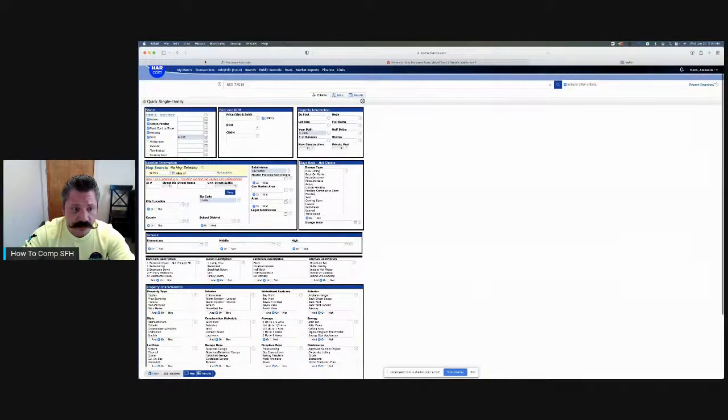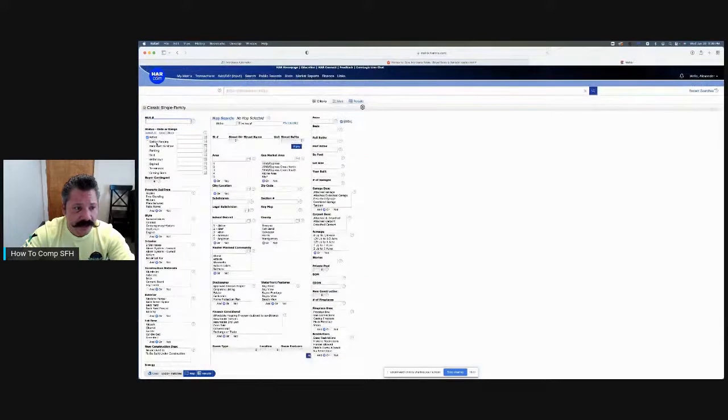Private pool, search, classic. I don't know why I did quick. I like classic. That's what I learned on. A lot of you guys are like, you should use the other one. I'm not. So Oak Forest, square footage 1,700 dash, plus 2,146 equals 2,575. So let's say 2,600 square feet. That's my comparable range. Okay.